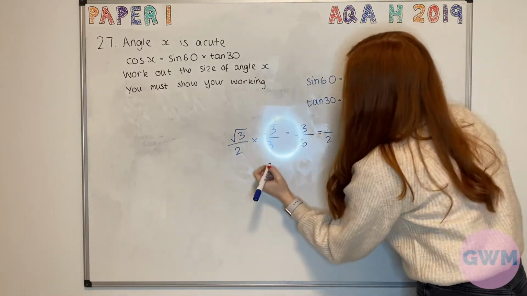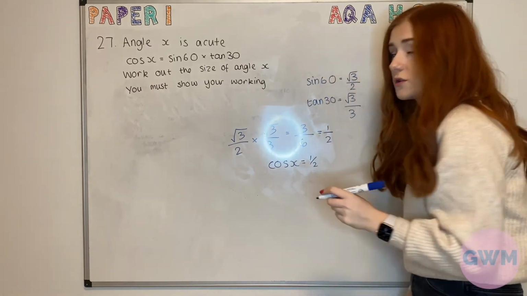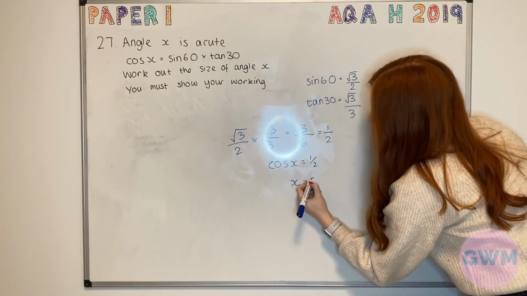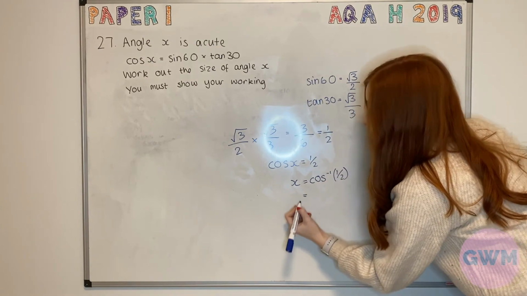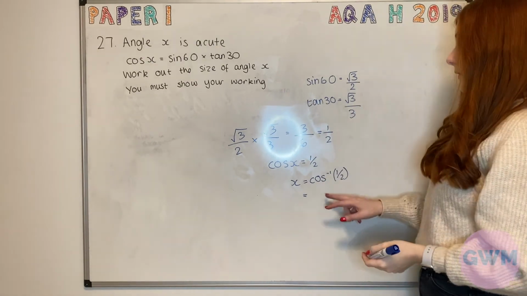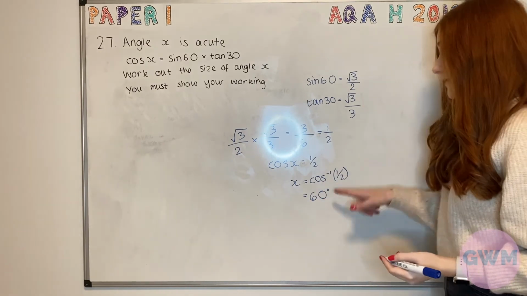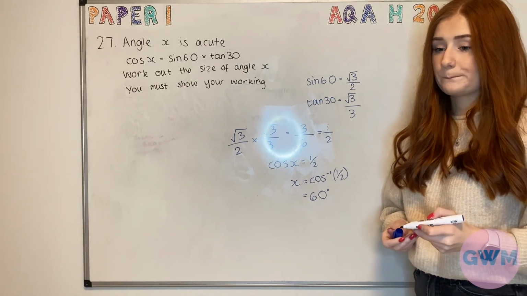So what we have now is cos x equals a half. That's not quite the answer yet, because we want to know what x is. So we need to know what cos minus 1 of a half is. Again, this is something that you need to know, that the answer to this is 60. So cos of 60 is a half. So that means that x in this case must be 60.